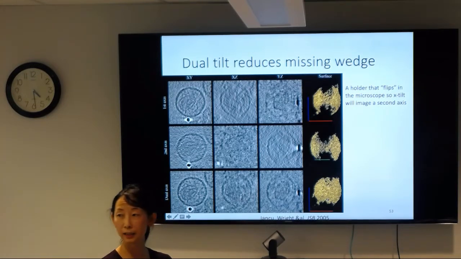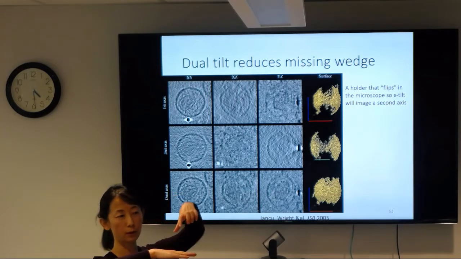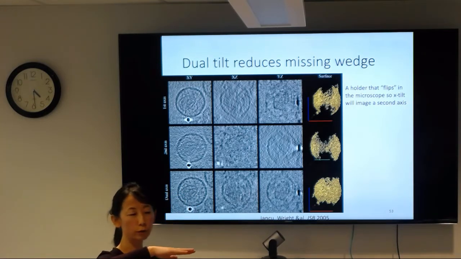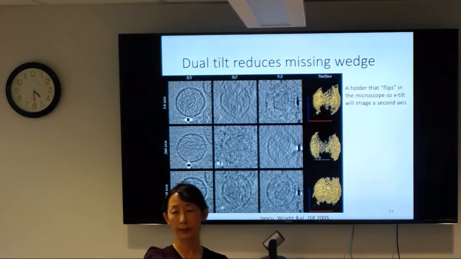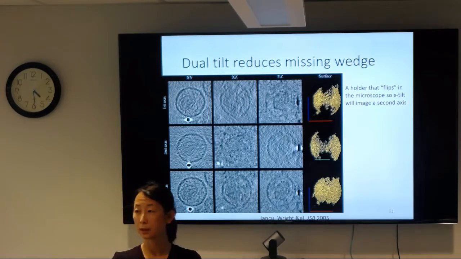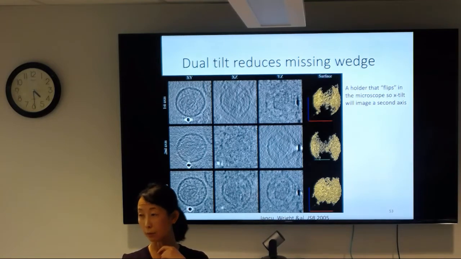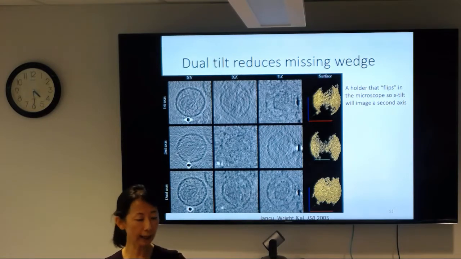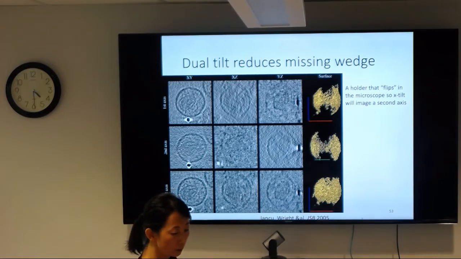People know dual axis tomography, right? You tilt in one direction, so you have a missing wedge in that direction. Then you tilt 90 degrees and do it that way. So instead of a missing wedge of information, you're missing a smaller range in space, not a wedge anymore, a missing pyramid. That way the artifact will be a lot smaller.